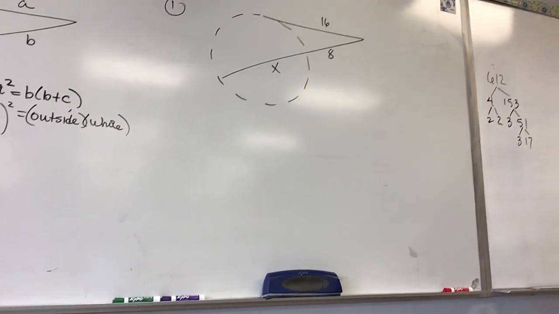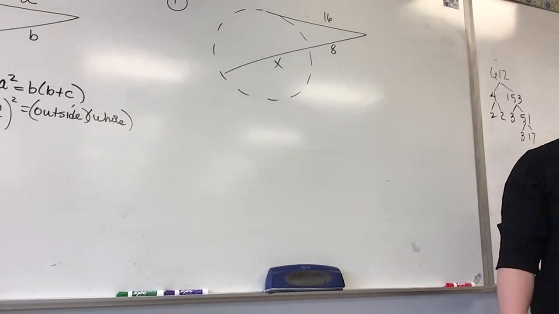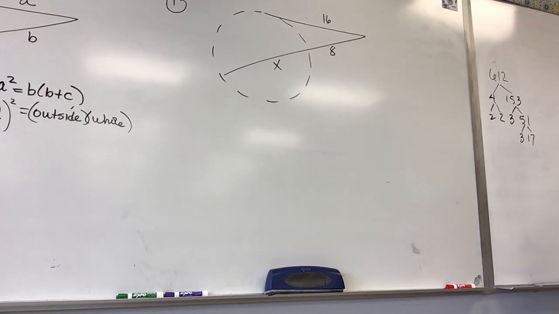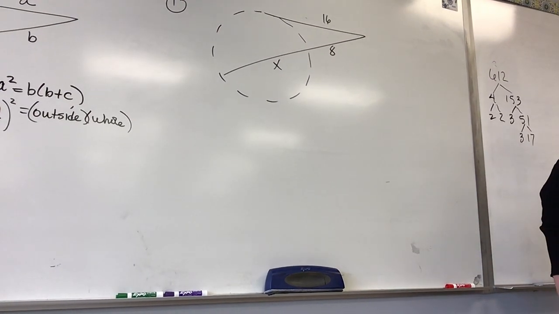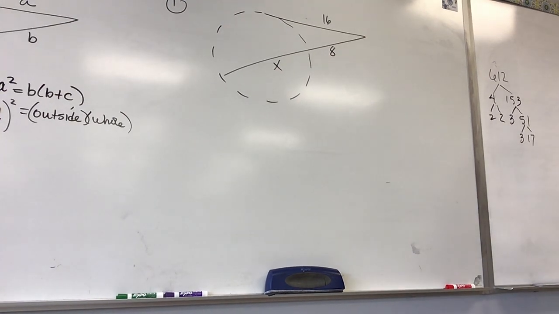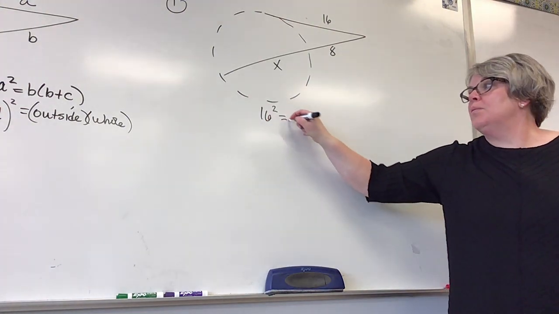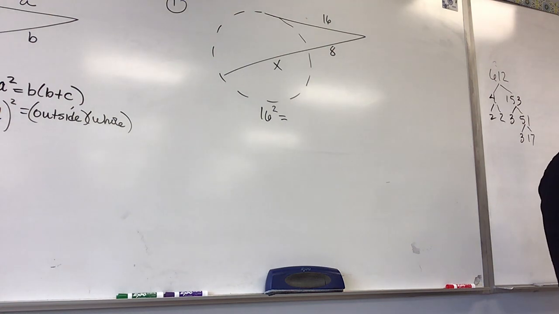I have 3. I don't know if we need to do all 3, but I'll try it. Okay, can you recognize which is the tangent part and which is the secant? I think that's the most difficult part about this one. So the tangent part is the 16. You take the tangent part and you square that, so it would be 16 squared.